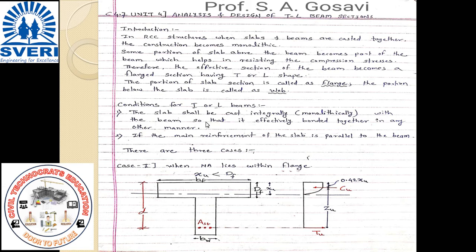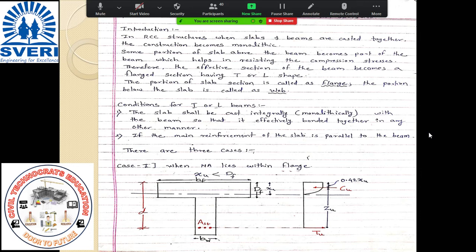In RCC structures, when slabs and beams are casted together, the construction becomes monolithic.